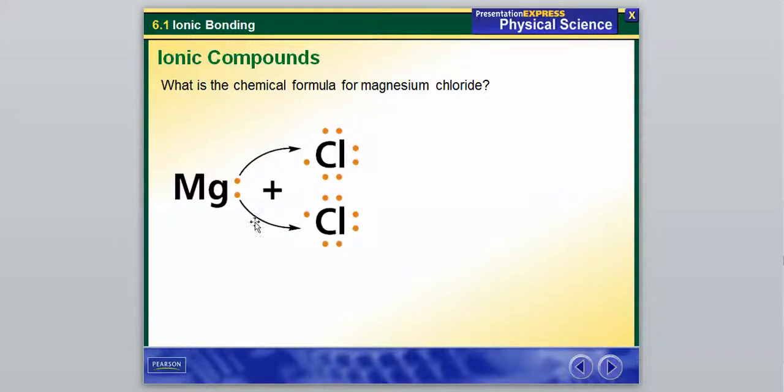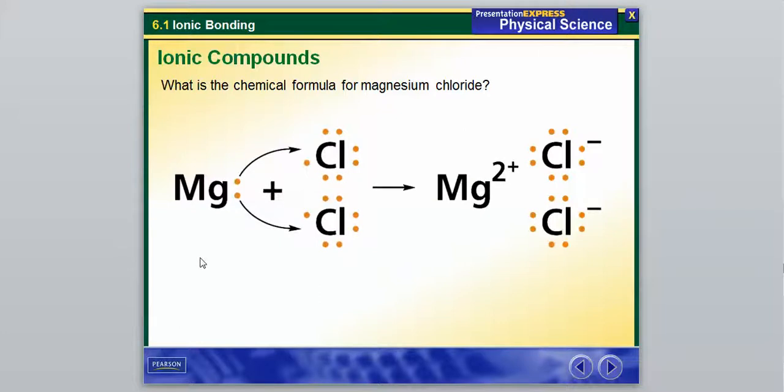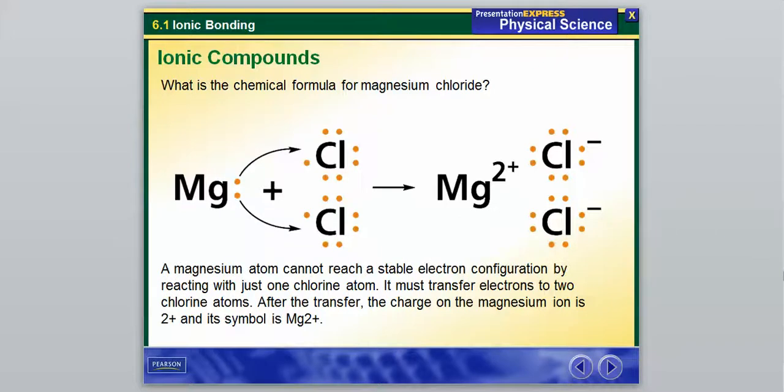Magnesium is going to give 1 electron here, and 1 electron here. It loses 2, but it will make the 2 chlorine atoms very happy. Now instead of just Mg+, we have 2+ because it donated 2 electrons, and each chloride now has a minus associated with it.